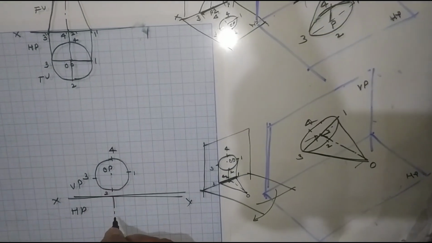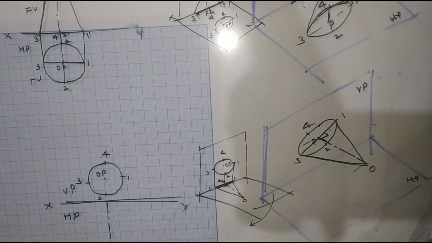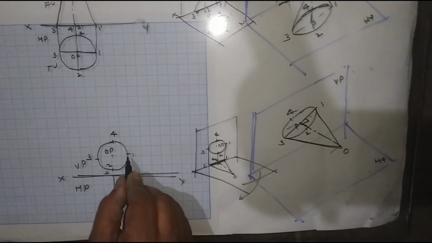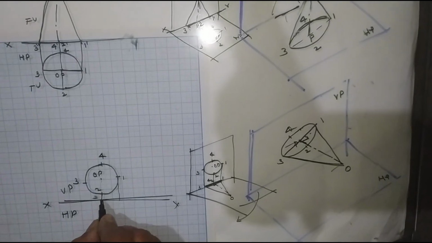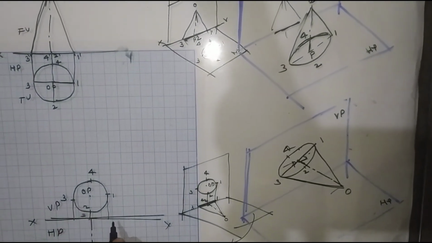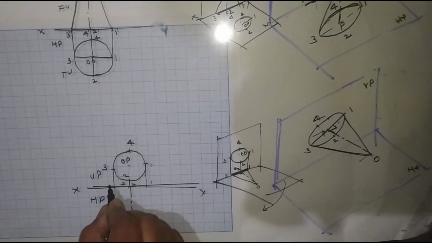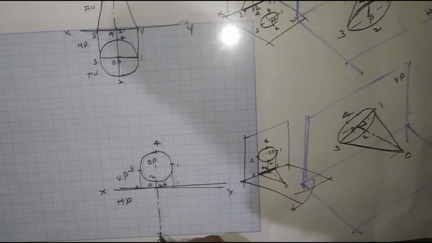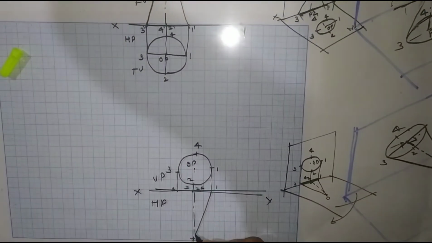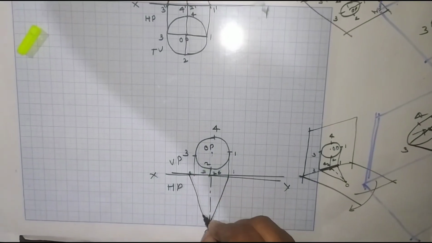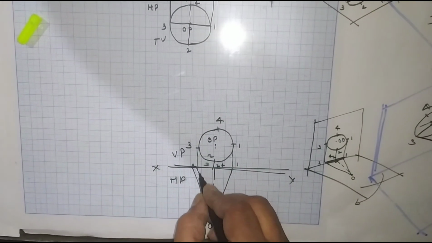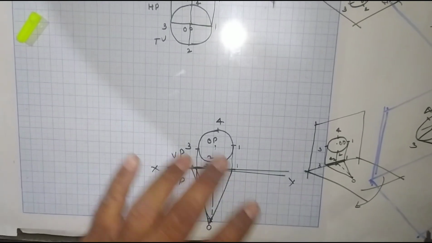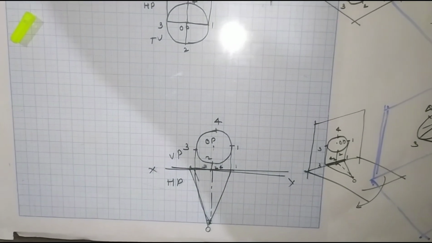They will give the axis length. This is point 2. I will draw the projections here: 1, 2, 3 and 4. This is OP, that is the axis length. I will draw the end generators dark here. So these are the projections, that is the front view and top view.